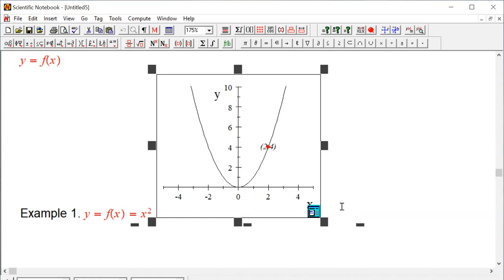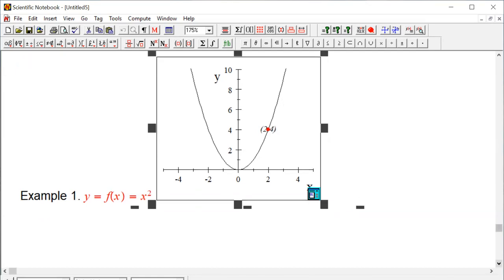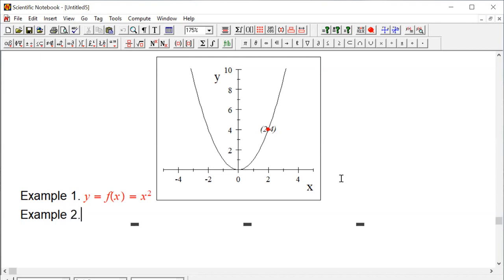Parametric, however, is different. Example of parametric. In parametric, we'll be able to do the graph, but there's an input, there's an output.